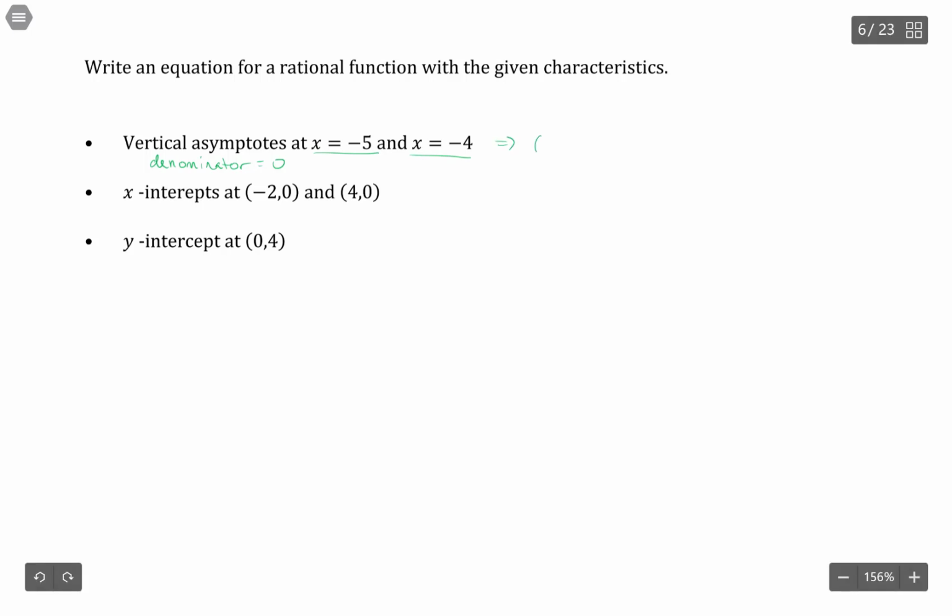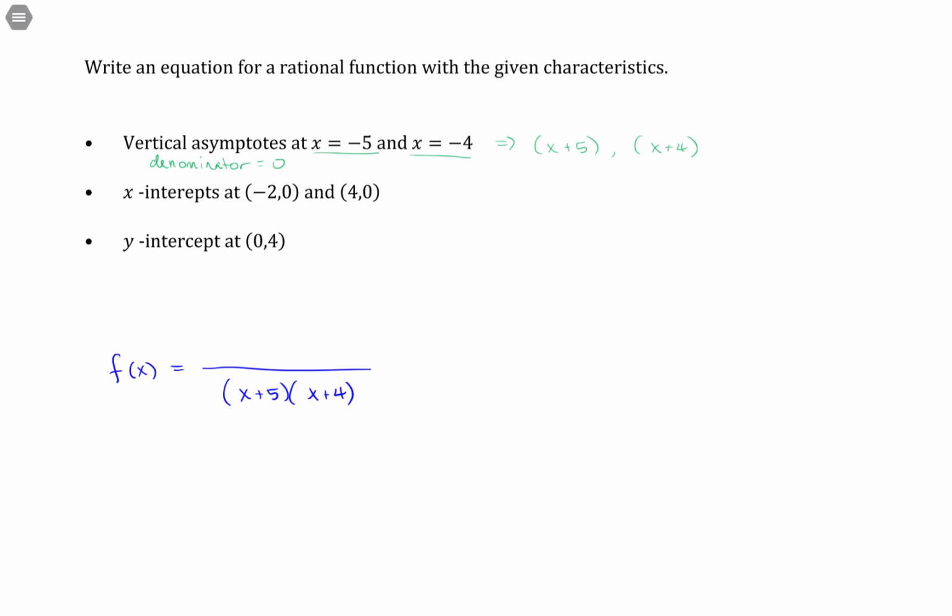Changing them into factors would look like x plus 5 and x plus 4, and those are going to be placed into the denominator of this rational function. So to start off, I have f of x equals something with a denominator of x plus 5 times x plus 4. And that's simple. That gets me the vertical asymptotes in the right location.